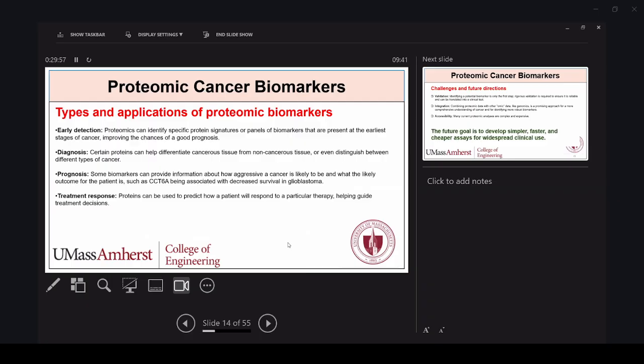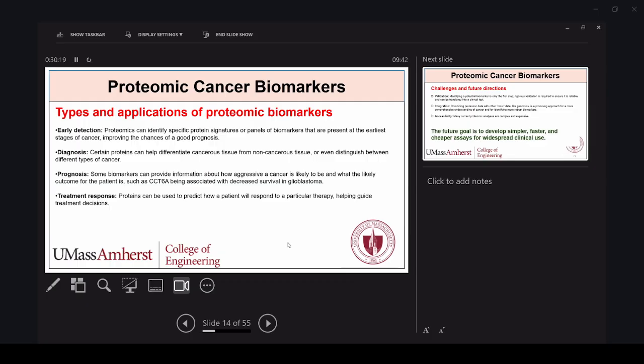Yeah. So, types and applications of proteomic biomarkers. Early detection, as I mentioned, is widely used. It's an amazing idea to use these protein biomarkers for the detection of cancer, I personally feel.